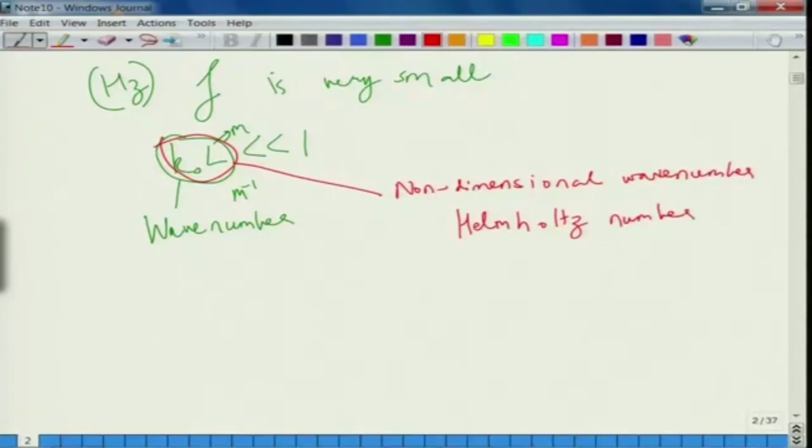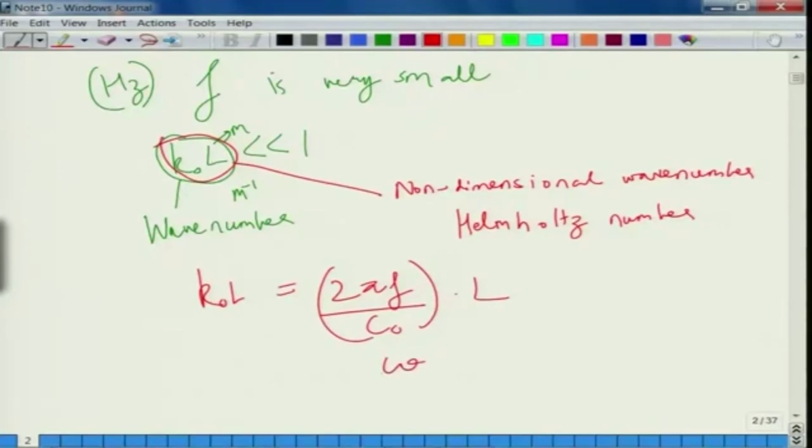The information of frequency is really embedded within this Helmholtz number k naught L. Why? Because this is nothing but 2 pi f by c naught into L. So, this is omega by c naught into L.